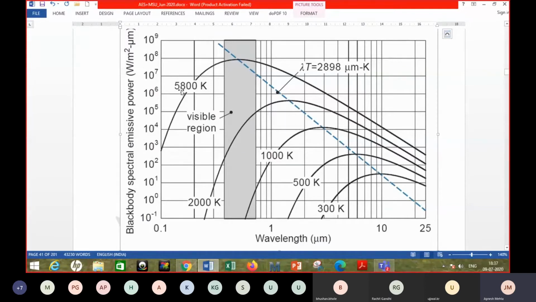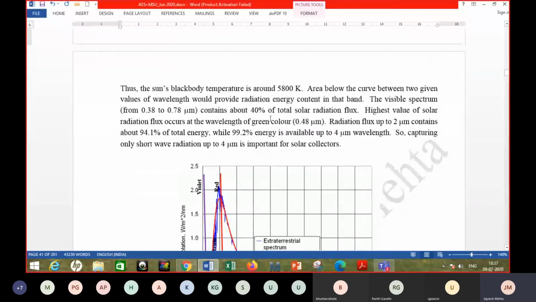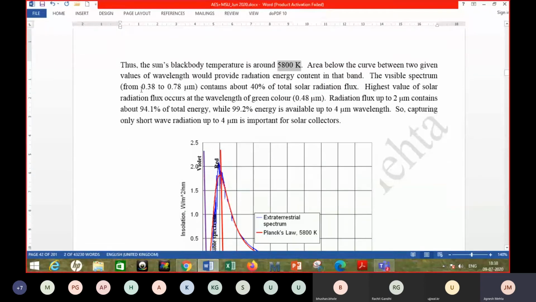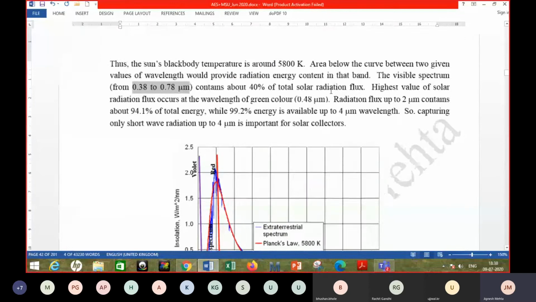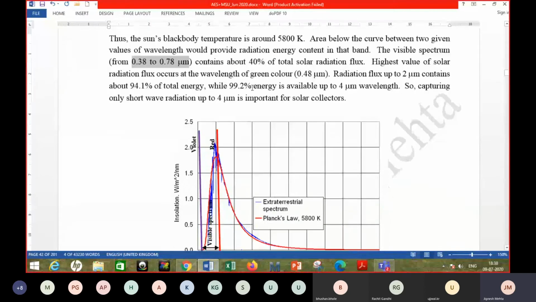Right now our focus is on 5800 Kelvin, and what you see is a large amount of solar radiation is available in the visible spectrum. The sun's black body temperature is 5800 Kelvin, and between 0.38 and 0.78 micrometer, which is the visible spectrum range, around 40% of solar radiation flux is concentrated in that band.